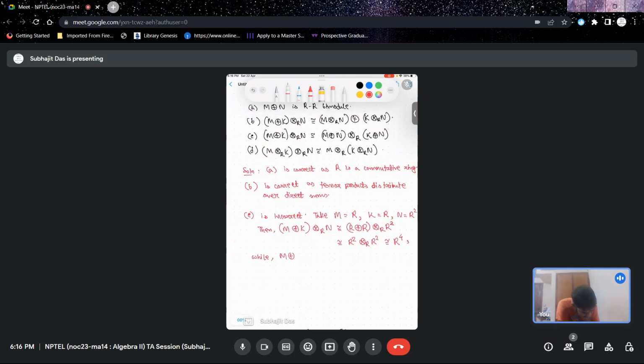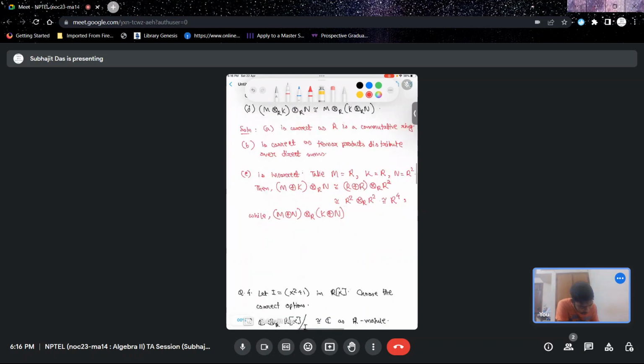M direct sum N tensored over R with K direct sum N is isomorphic to R direct sum R squared tensored over R with R direct sum R squared, which is isomorphic to R cubed tensored over R with R cubed, which is isomorphic to R to the power 9.